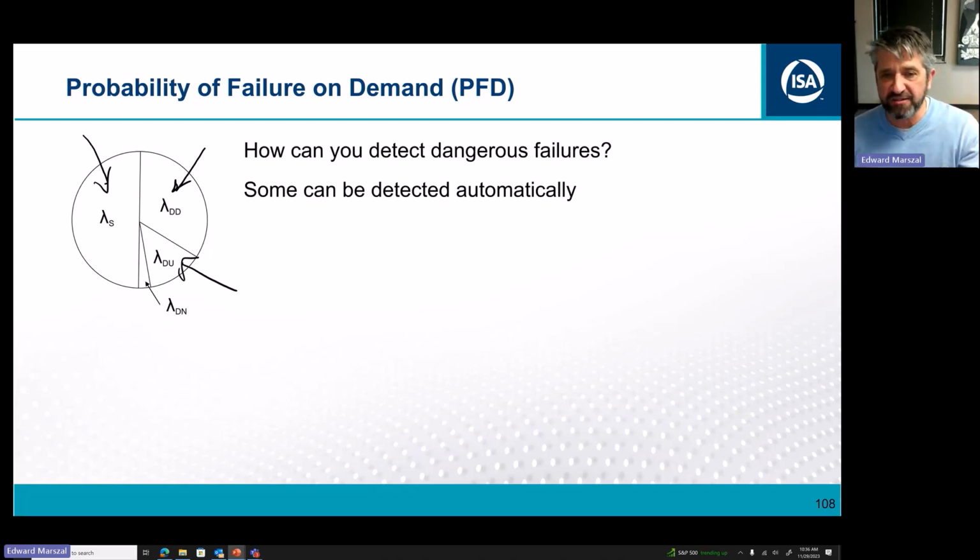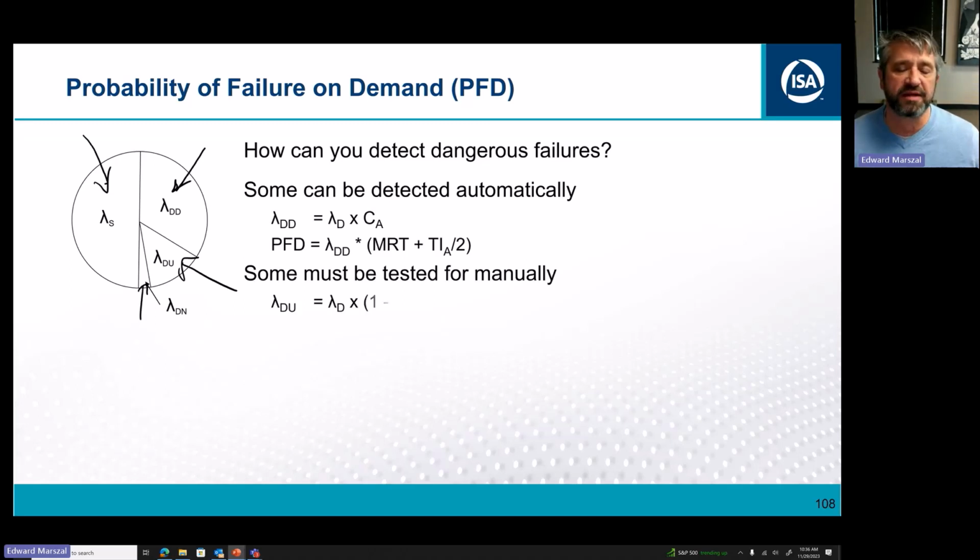So if it's not detected by diagnostics, but it is detected by the full functional test, that's lambda DU. Lambda DN, the last guy, is those failures that are never detected by any type of diagnostics because the test is not good enough to be able to detect them.